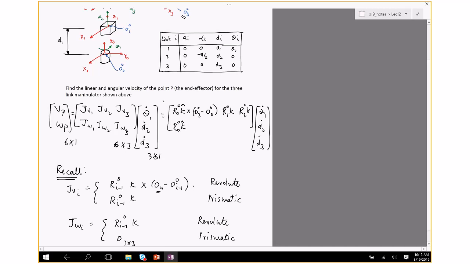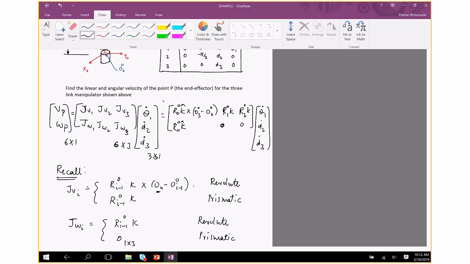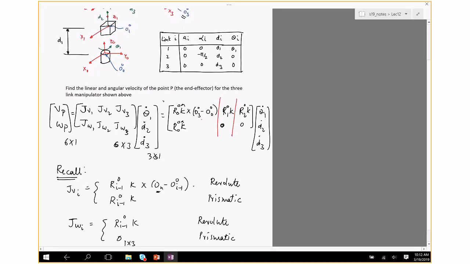That's my first one. The second one is J omega 2. That corresponds to a prismatic joint D2, but the formula for a prismatic joint is simply 0. So I'll put a 0 and then 0. This will make it clearer.